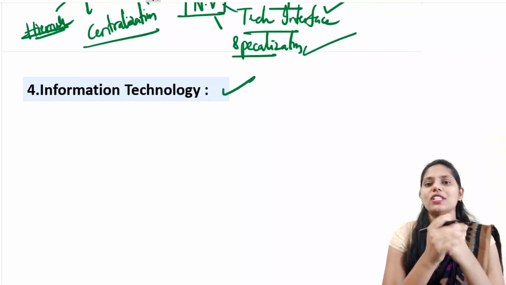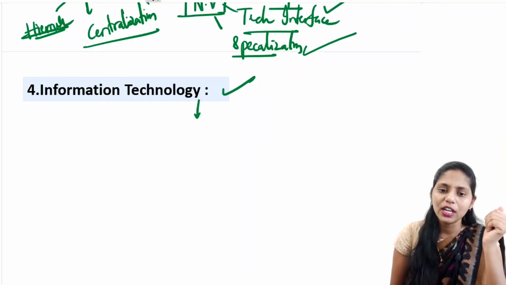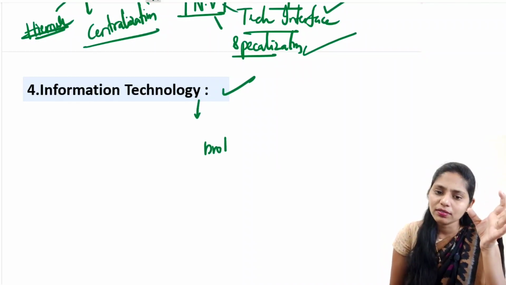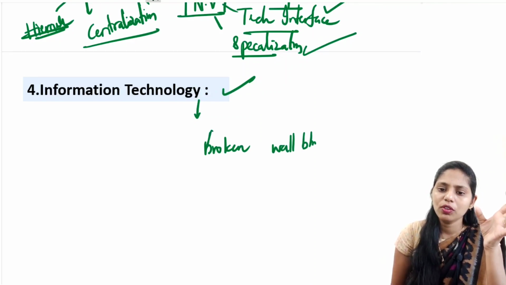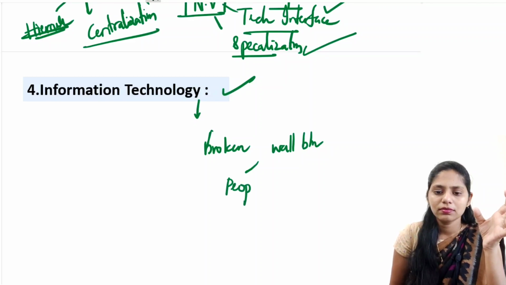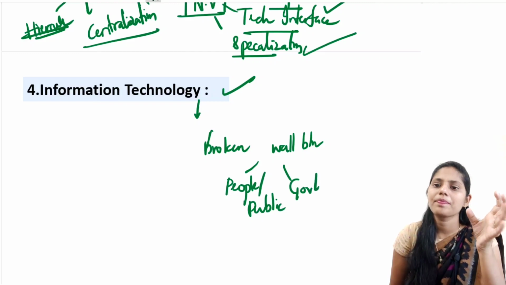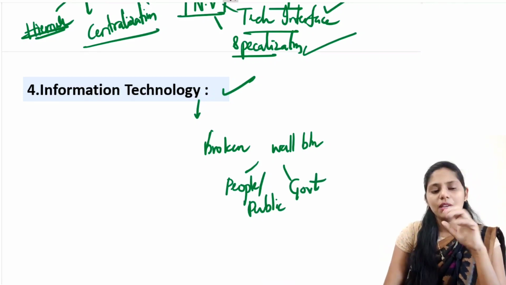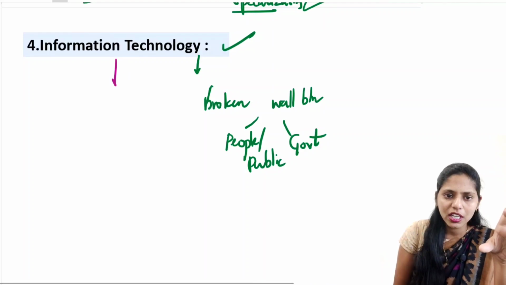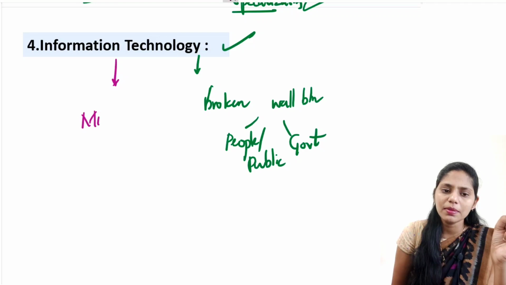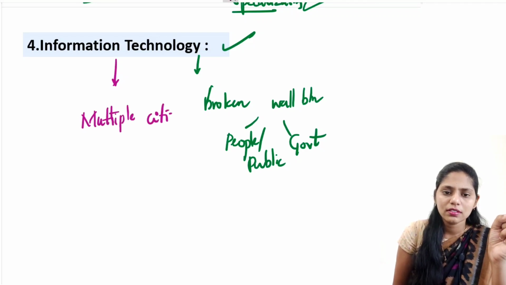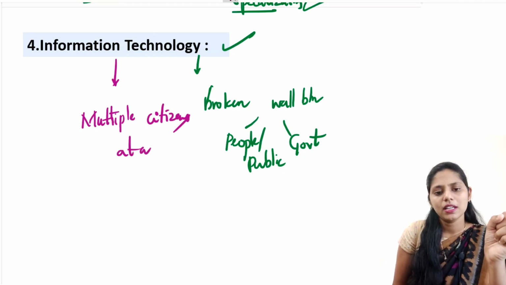Between government and the people or public. Now we can say that because of this ICT, it also enables serving multiple citizens at the same time.